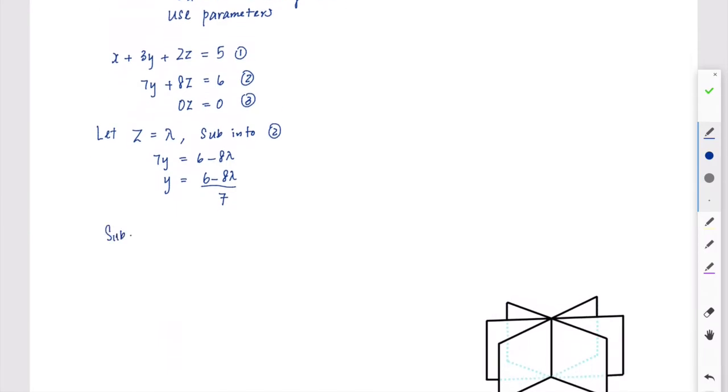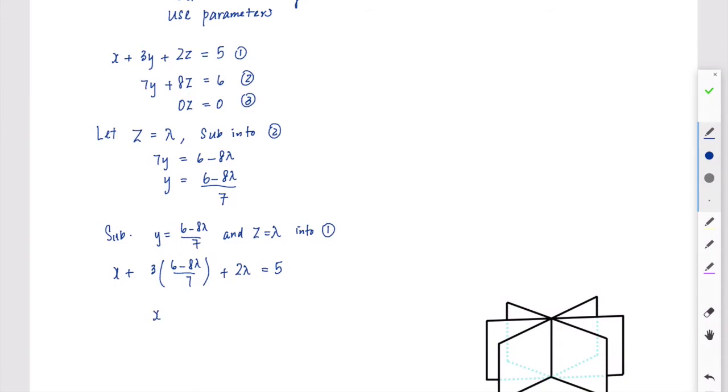Now let's substitute y equals (6 minus 8 lambda) over 7 and z equals lambda into equation 1. We have x plus 3y plus 2z, which is now lambda, equals 5. So what have we got here?